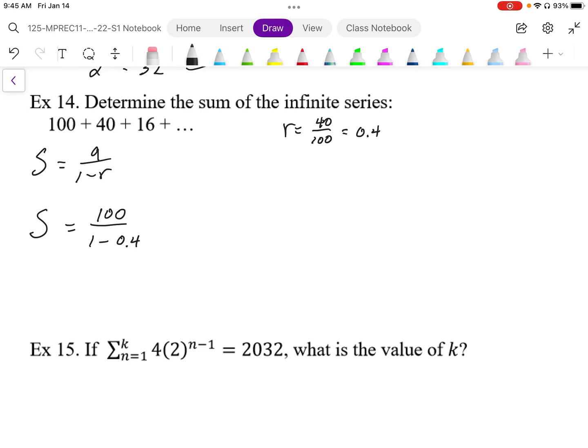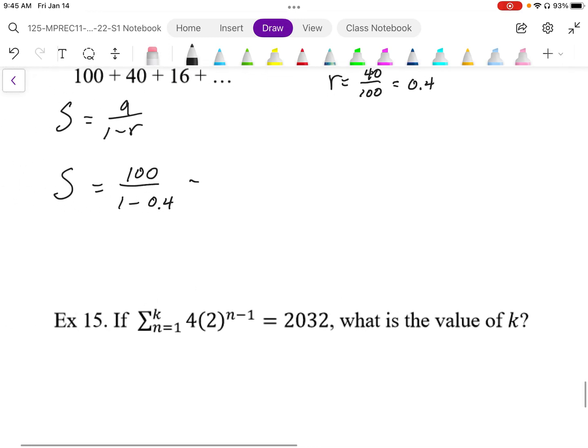Really, we're just establishing r and plugging into the formula. So 100 divided by 0.6. I'm just going to leave that as 1,000 over 6. We could simplify this into 500 over 3.